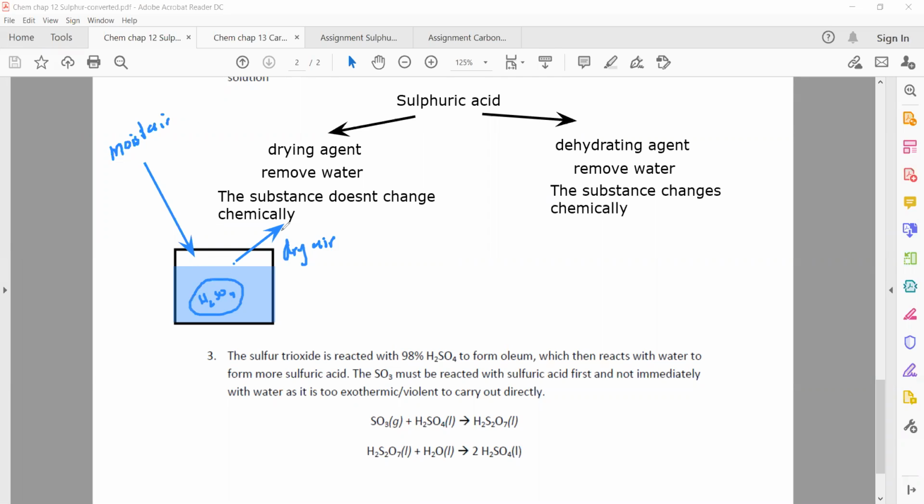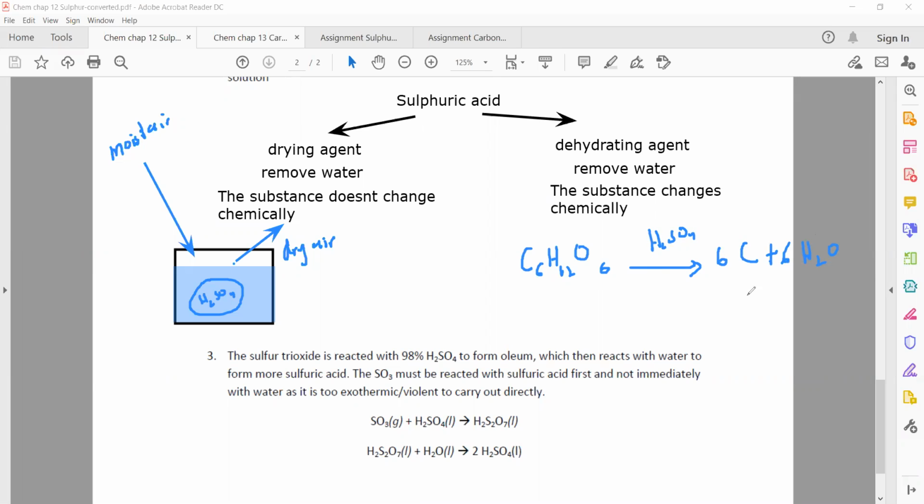But what is the meaning of dehydrating agent? For example, you have glucose, C6H12O6. When I add sulfuric acid, H2SO4, the sulfuric acid remains there, but it separates inside the glucose, which contains carbon, hydrogen, oxygen. So this concentrated sulfuric acid separates carbon and water molecules from the compound.